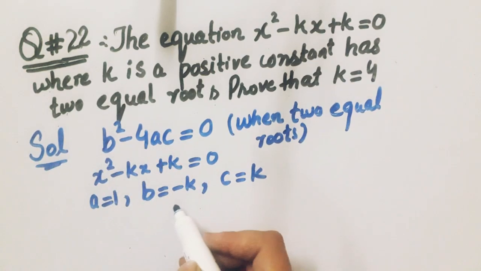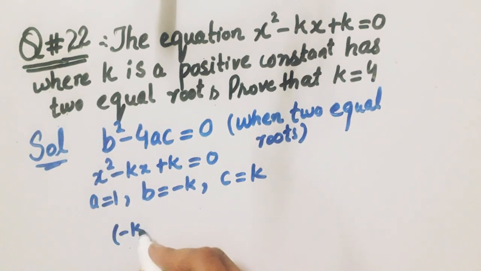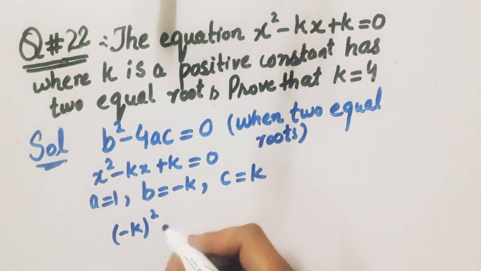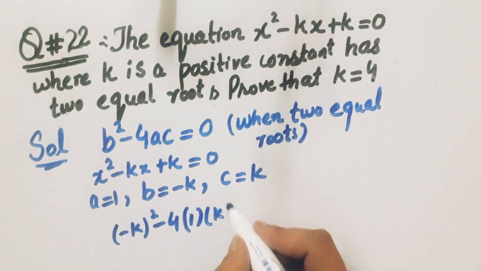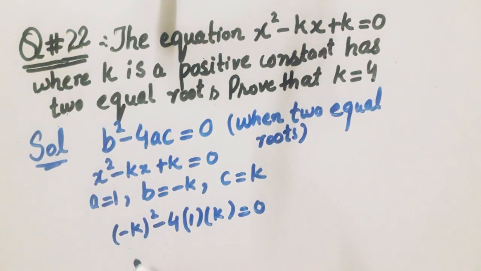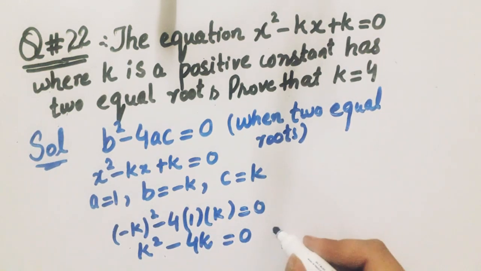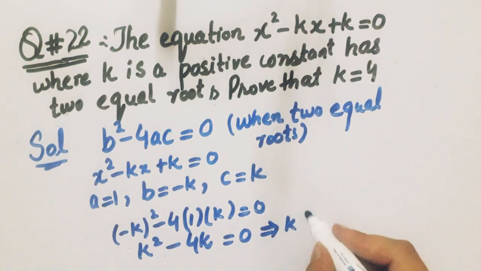Now we will put the values inside this equation. B square means minus k square, and minus 4 into AC means 1 into k, is equal to 0. So it will become k square minus 4k, which is equal to 0. Now we will take k as common.